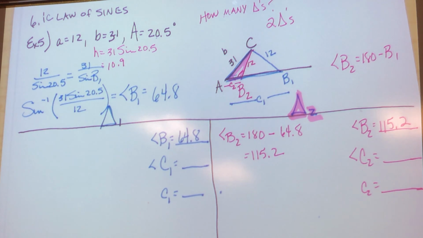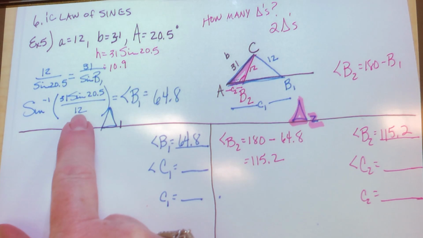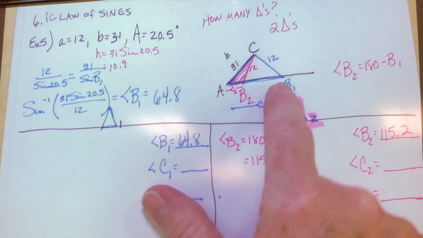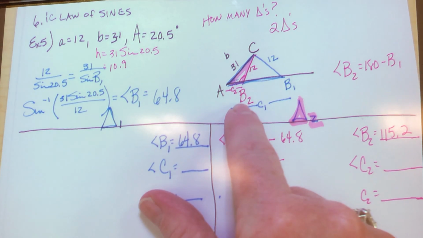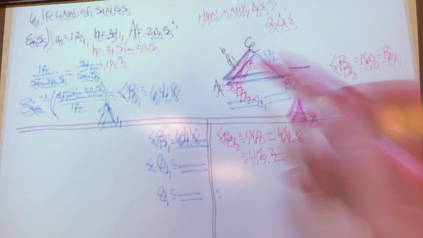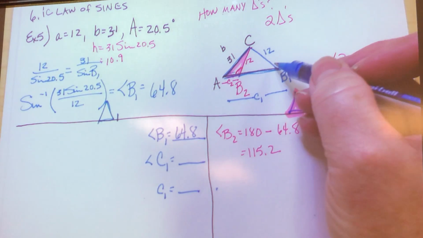Yes, Viola? I don't understand why, if they're supplementary, the formula over there on the left doesn't apply also to the pink triangle. Because this angle B in the blue is different from this angle B sub 2 in the pink. This angle is the pink angle, and this angle is the blue angle.